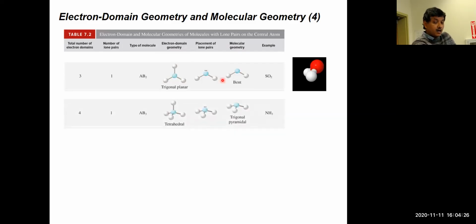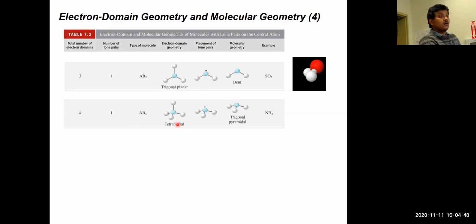Let's look at the case where there are 4 electron domains around the central atom, but one of them is a lone pair. In that case, because of the 4, your electron domain geometry should be tetrahedral. However, the type of molecule is only AB3, so your molecular geometry is going to be different.